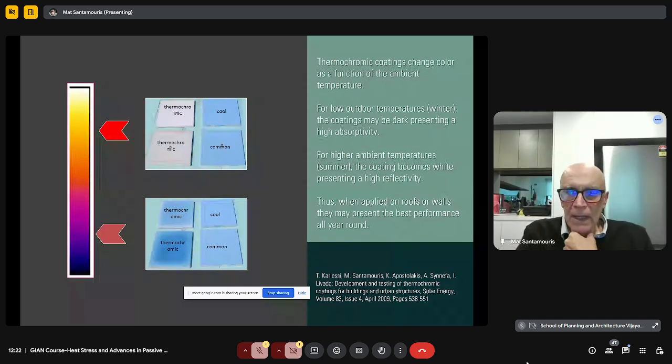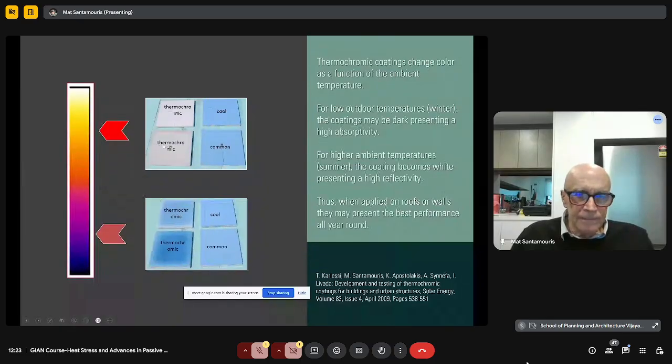Research continued, and many researchers try to develop smart materials that may change color as a function of temperature. These are the thermochromic materials. Thermochromic materials may have any color you wish when temperature is low, and become white during the summer period.